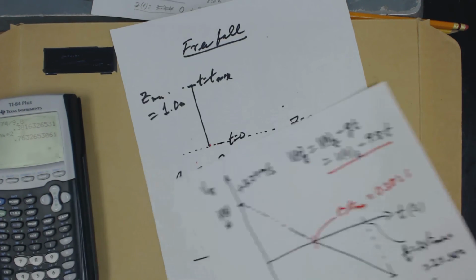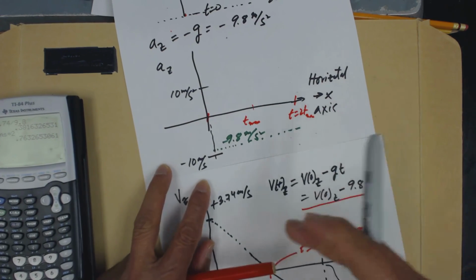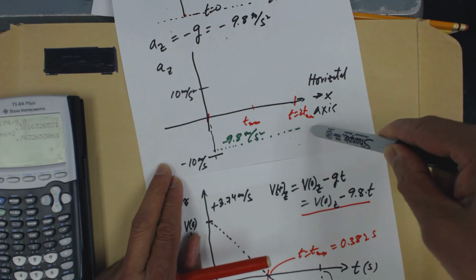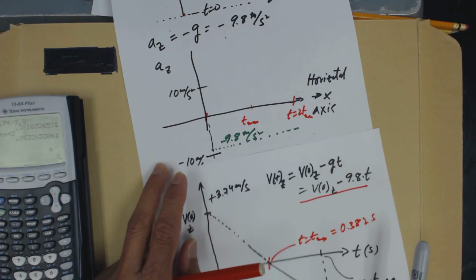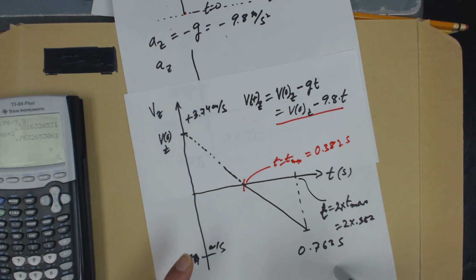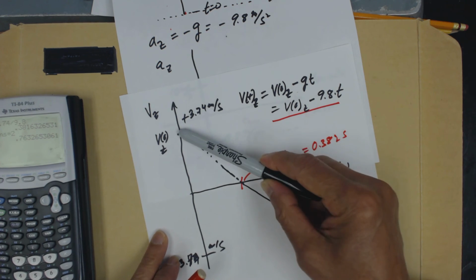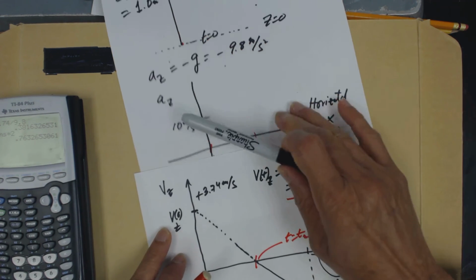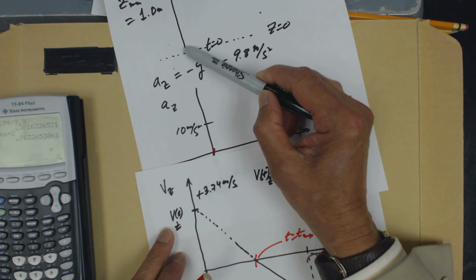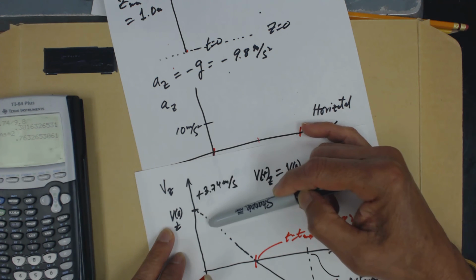So let's recap. How does acceleration go? Acceleration is at all times minus 9.8 meter per second squared. What about velocity? Velocity starts positive, a big value at the bottom, right when the player takes off, moving fast, 3.74 meters per second, but the rate of motion becomes smaller and smaller.